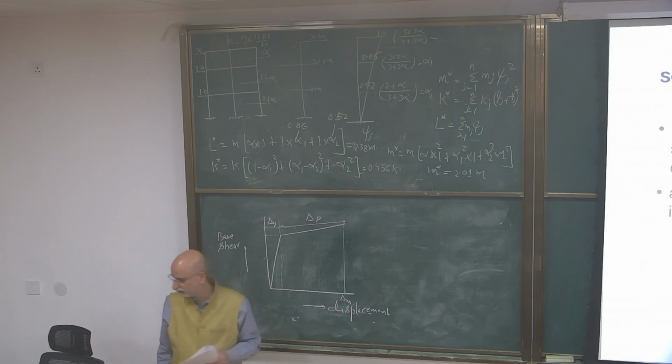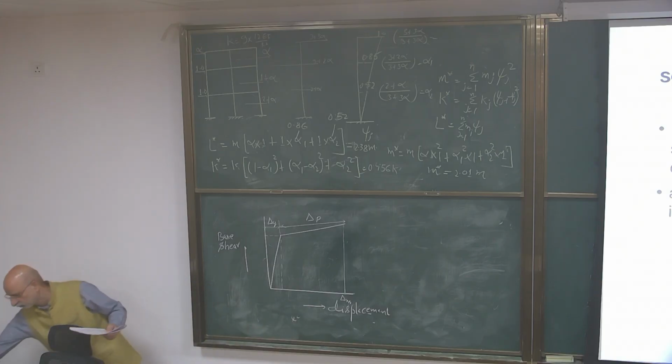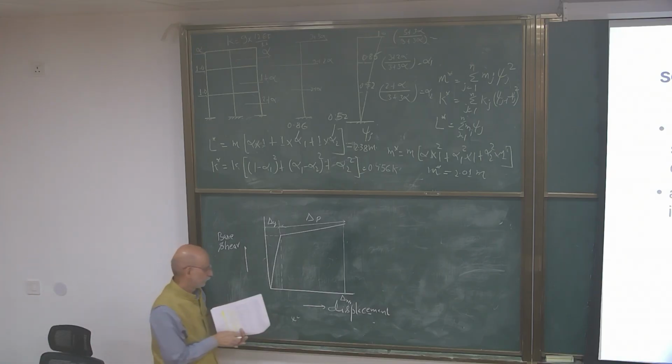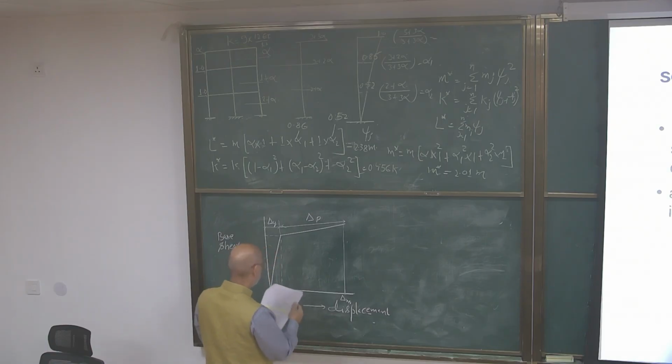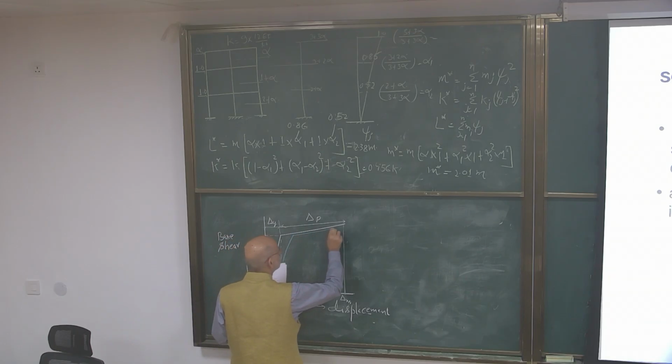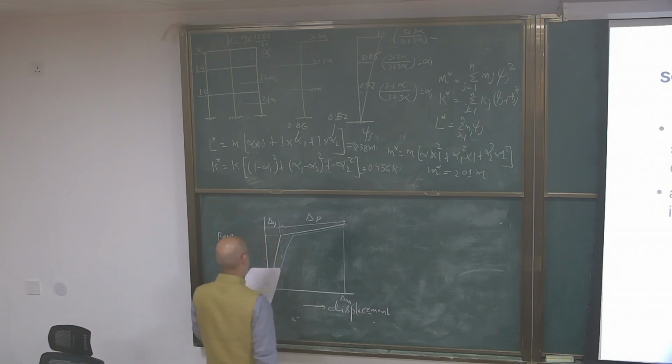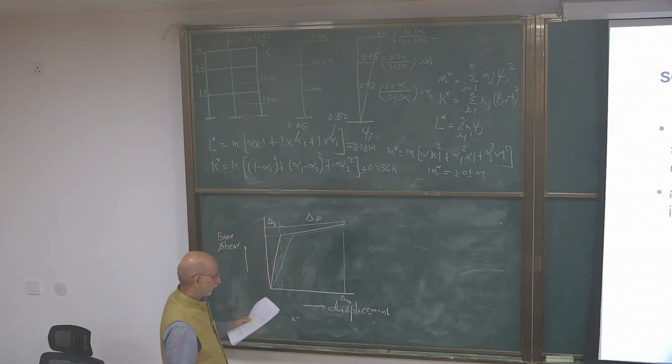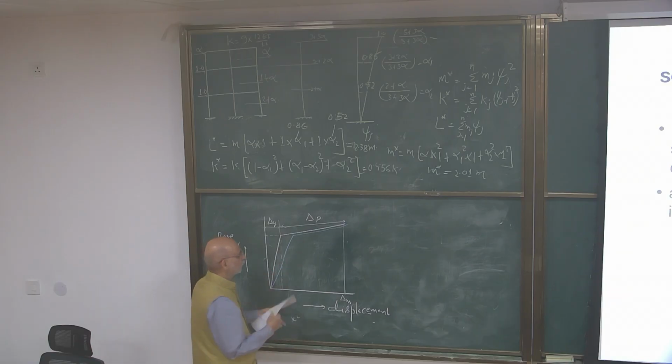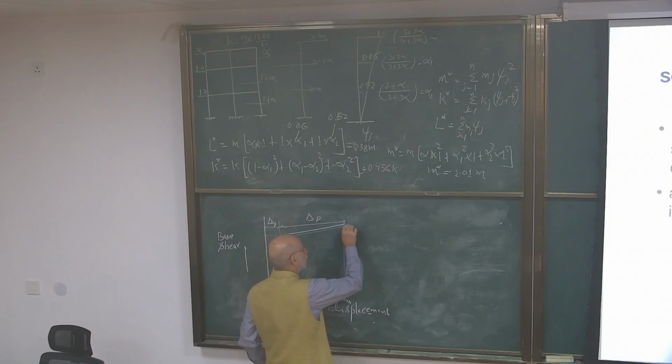Suppose the foundation is flexible, what happens? The curve will have less slope, and it goes like this. This blue line is for when the foundation is flexible.